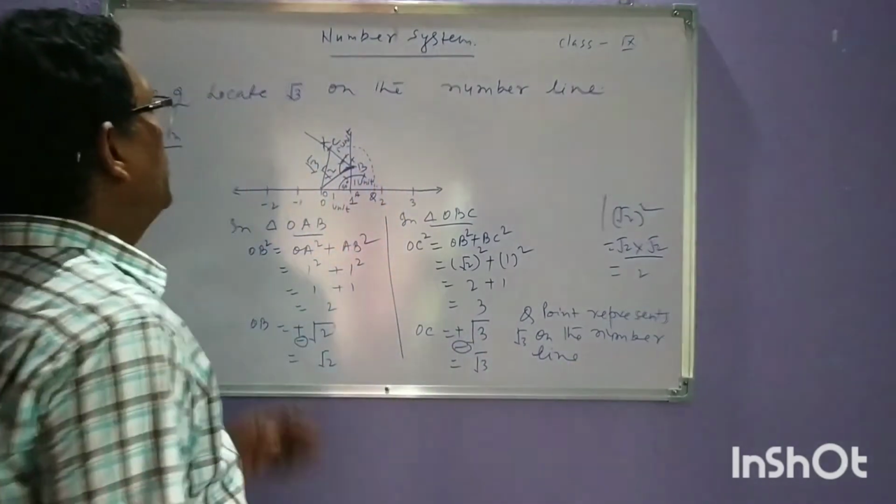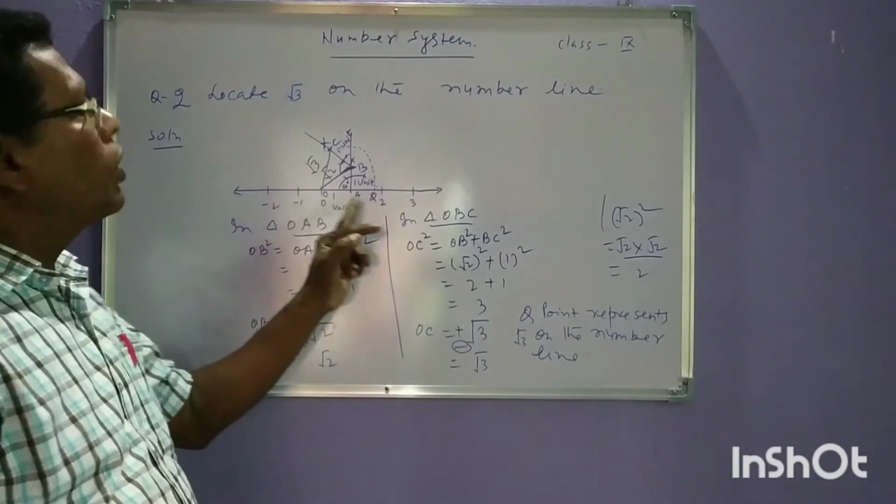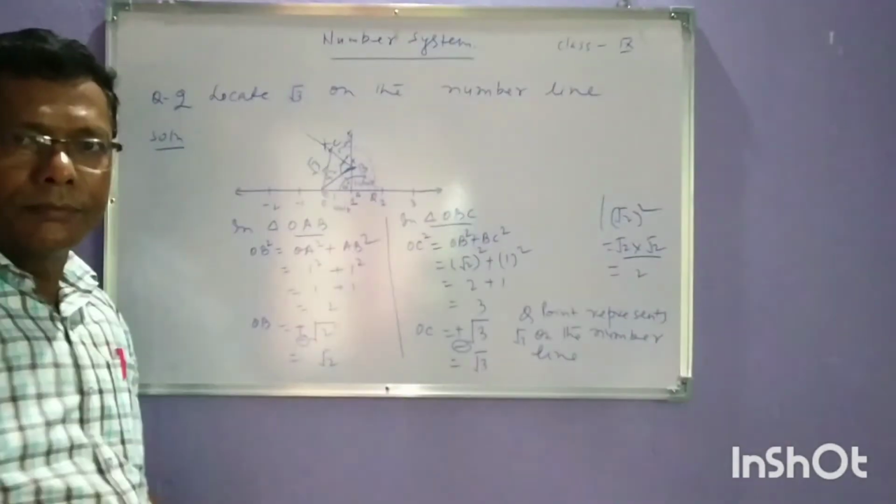In this way, we can represent irrational number root 3 on the number line.